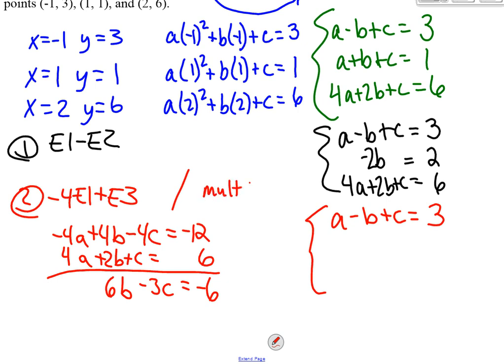Multiply E2 times negative what? 1/2, right? By negative 1/2. And what will that give you? B equals, this was 2 though. Yep. B equals negative 1. Do you agree? So essentially dividing by 2. And then this one I got to be 6b minus 3c equals negative 6 at the moment.